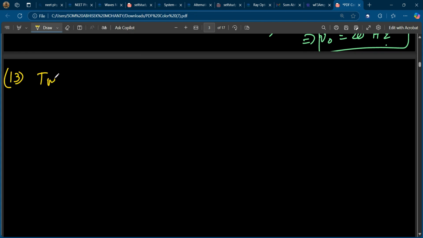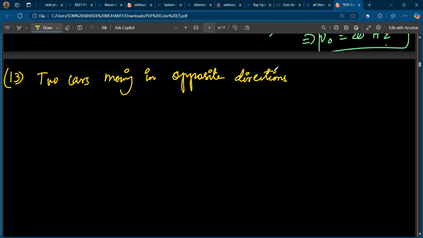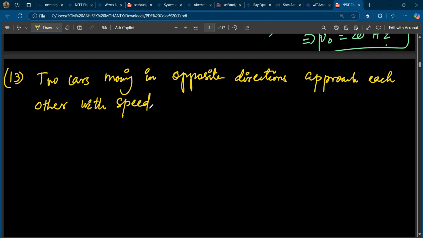Two cars moving in opposite directions approach each other with speed of 22 meter per second and 16.5 meter per second respectively.